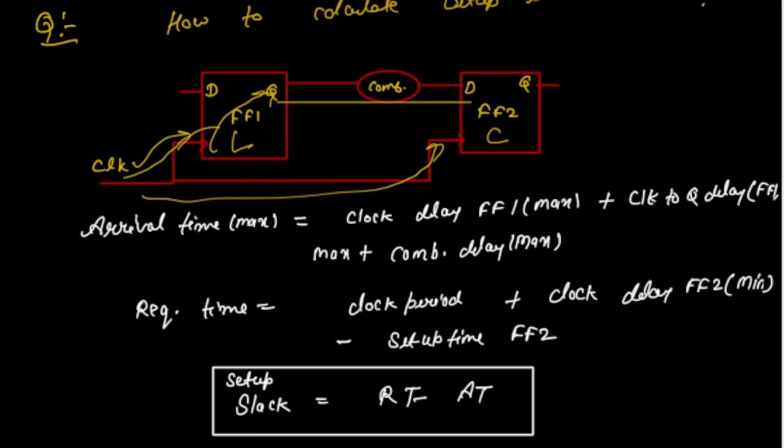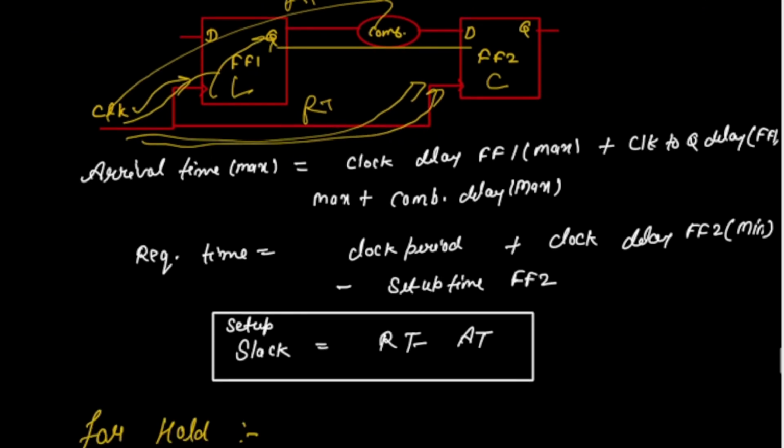This is how we calculate the arrival time. Now the required time: clock period plus clock delay of flip-flop 2 minus setup time. Now setup slack equals required time minus arrival time. This is how we calculate the setup slack.